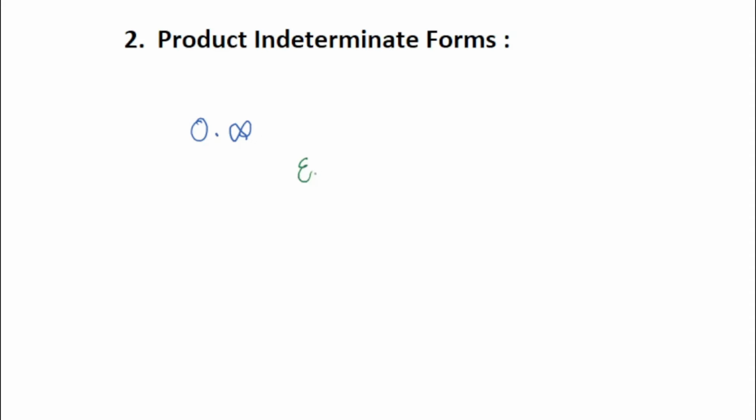So let me take an example: the limit as x tends to 0 of x ln x. We are going to see whether it is in the form of a product indeterminate form or not.